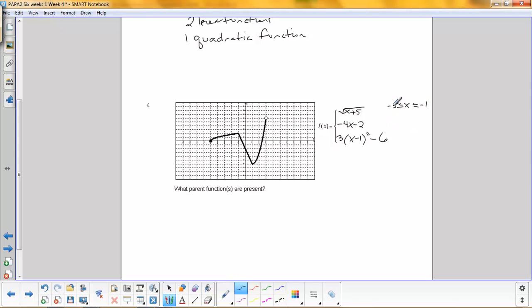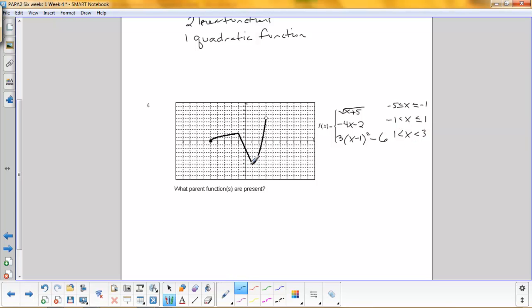The interval over which the line occurs is negative 1 less than x, which is less than or equal to 1. The interval over which the quadratic occurs is 1, which is less than x, which is less than 3.